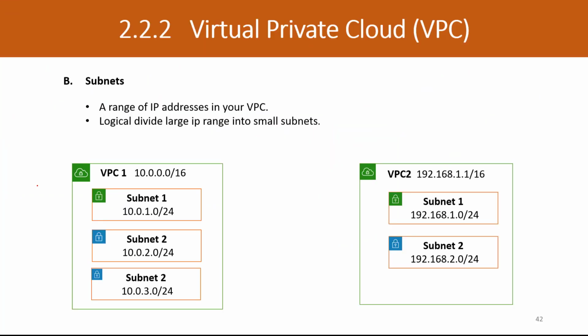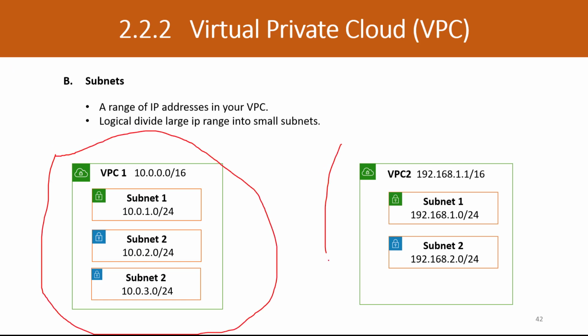Okay, let's move to another thing. Second thing, we are discussing subnets. So you can see here we have two VPCs. This is VPC1 and this is VPC2. Perfect.